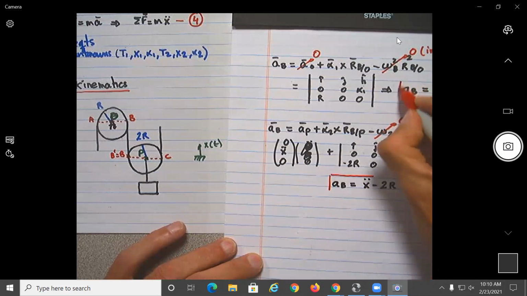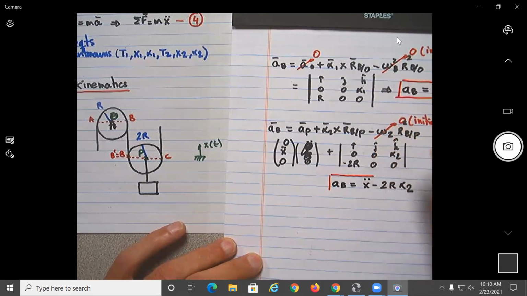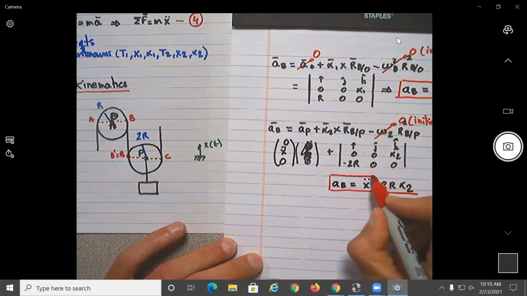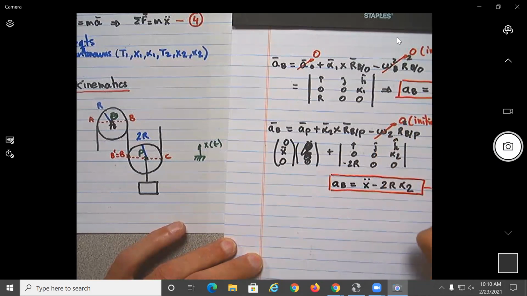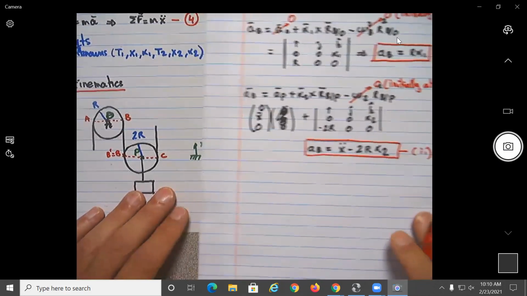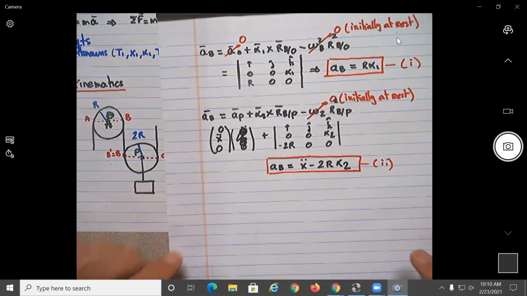Okay, so this will give us equation Roman 2.